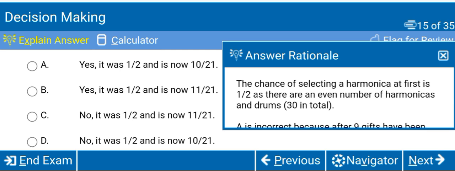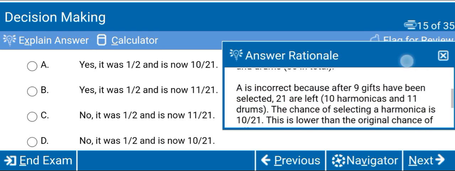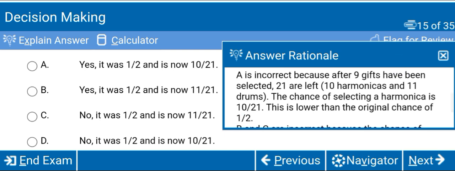The chance of selecting a harmonica at first is half, as there are an even number of harmonicas and drums, that is 30 in total. So A is incorrect because after 9 gifts have been selected, 21 are left. So the chance of selecting a harmonica is 10 by 21.